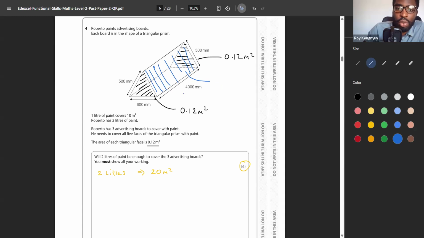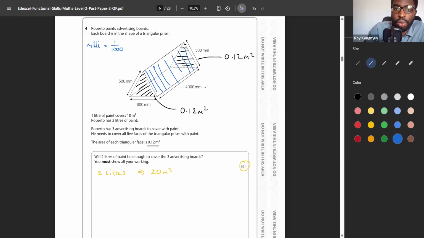Now, currently we have millimeters, right? So we want to convert these into meters. It's important to know that a millimeter is a 1,000th of a meter.